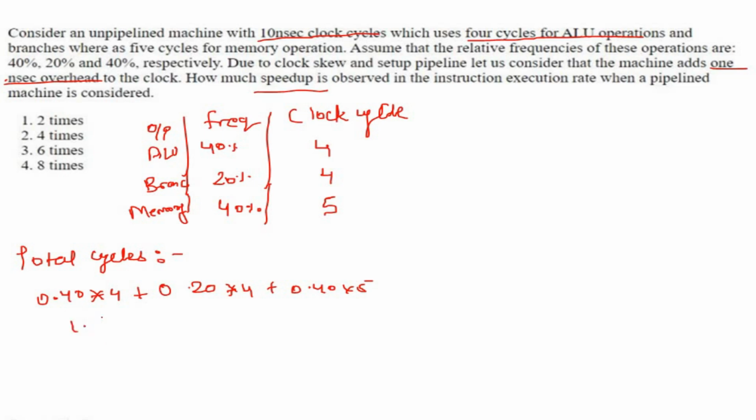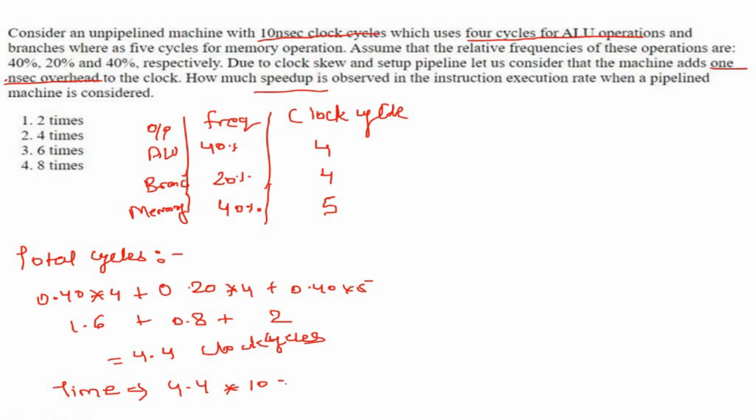Here we will get 1.6 plus 0.8 plus 2, and finally 4.4 clock cycles. So the non-pipeline time would be 4.4 times the 10 nanosecond clock cycle. Here it is given, so we will multiply it with 10, so we will get 44.